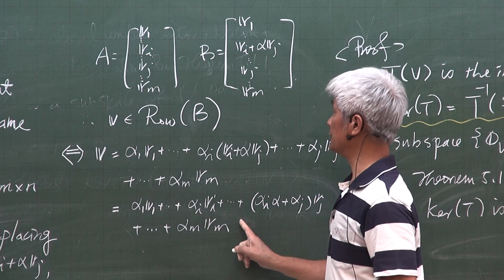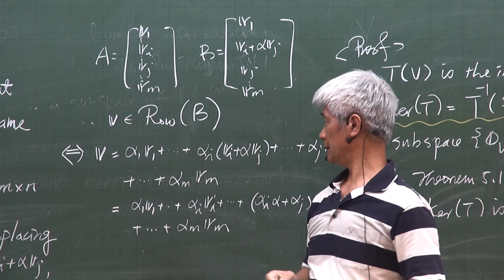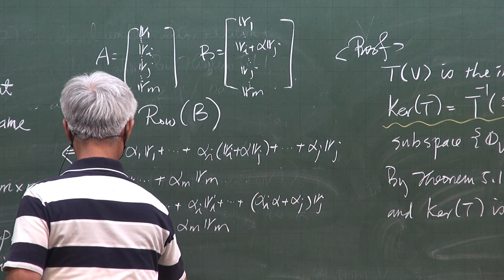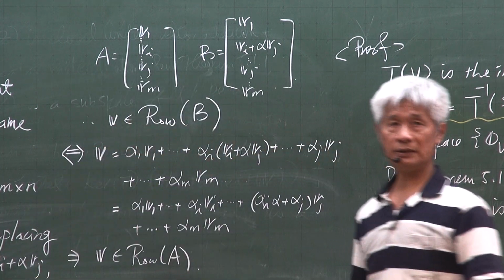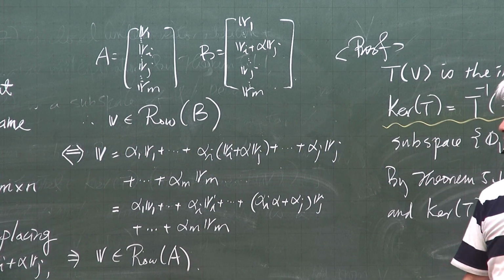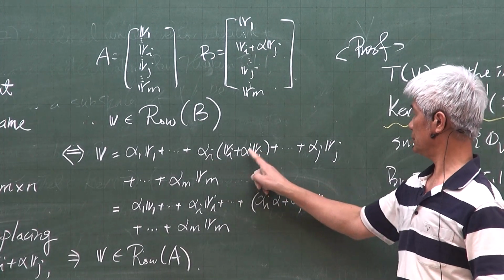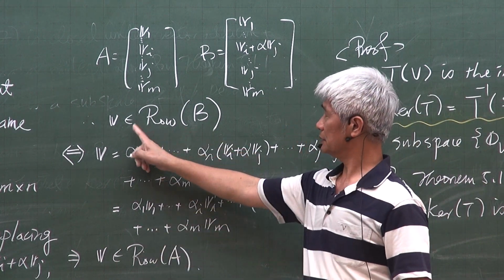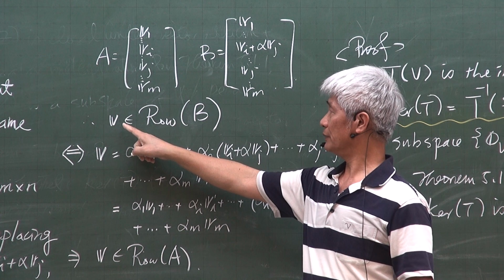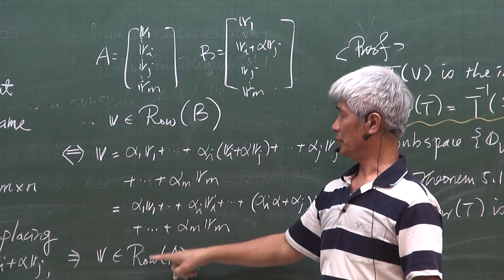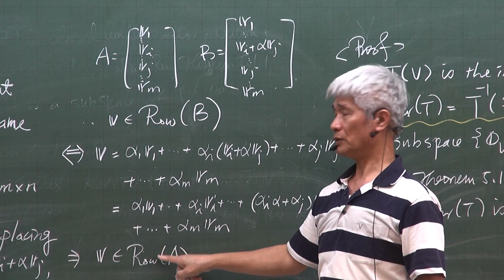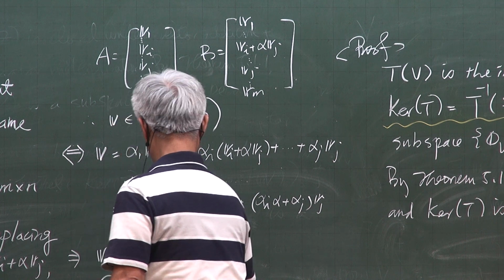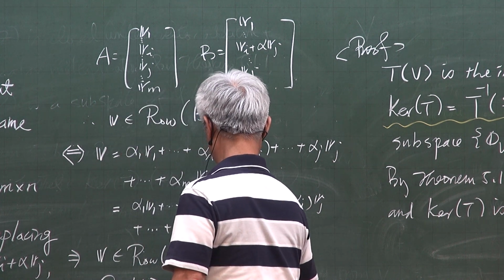So it's a linear combination of the m rows of A. This implies that V is in the row space of A. It's obvious to see that: we just move the term over and combine together. So whenever V is a vector in the row space of B, V is also a vector in the row space of A. So we have that the row space of B is contained in the row space of A.